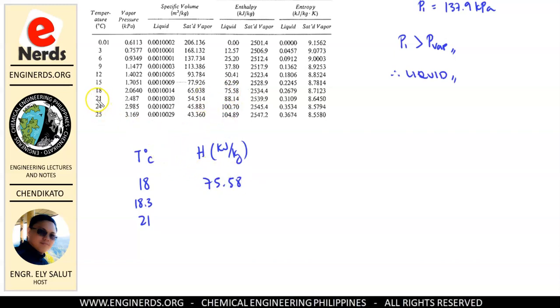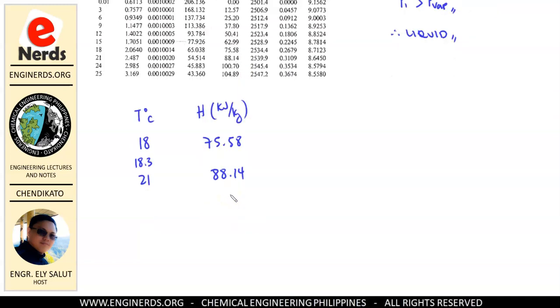And at 21 degrees Celsius, our enthalpy is 88.14. Okay? Now, since we need to get the enthalpy at 18.3, we are going to mark this as H1. Ano? So our H1 will be somewhere here. Okay, so ang gagawin natin dito, we need to interpolate para makuha natin yung value ng H1.